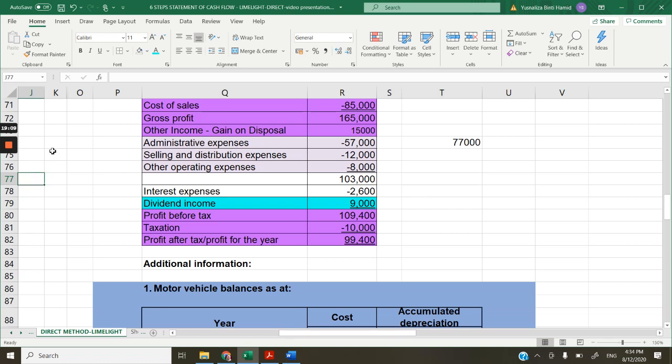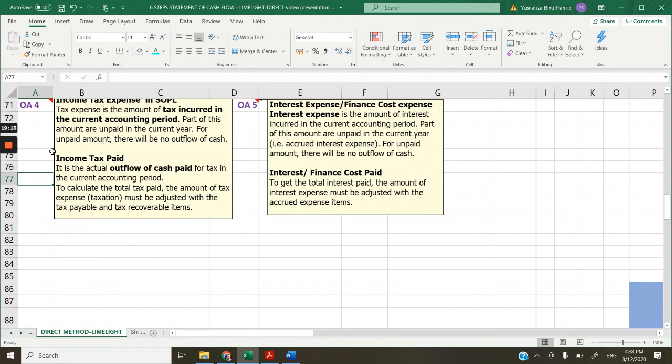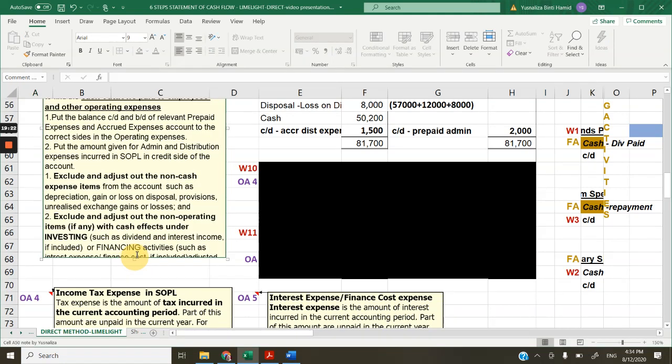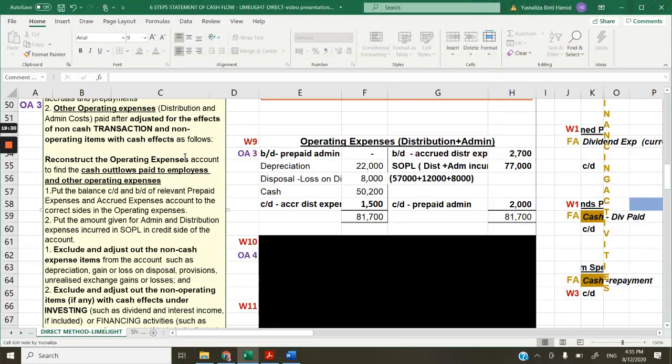And now we are going to adjust out all the non-cash and non-operating expenses, right? So if you look at the steps that I provide here, you can see first you need to reconstruct that. We have done that. We put the balance c/d.